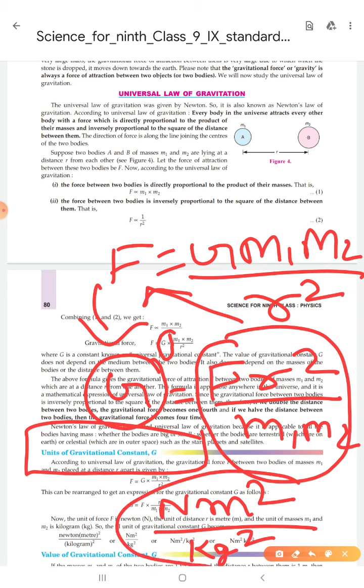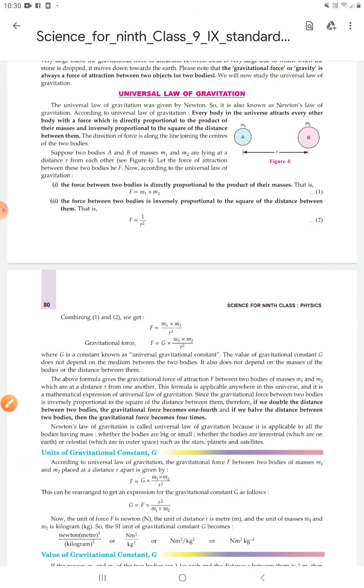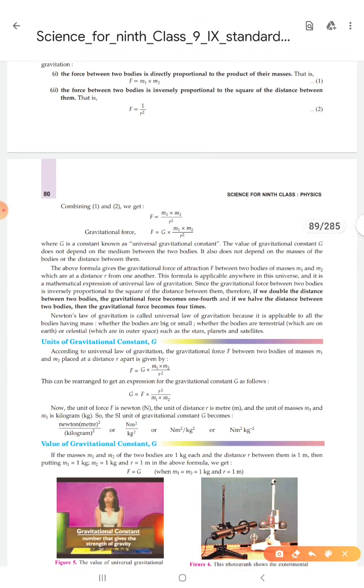So this is the SI unit of gravitational constant G, which is Newton meter square per kg square. You can see it here also. We can write this term like this. This is a very important point.